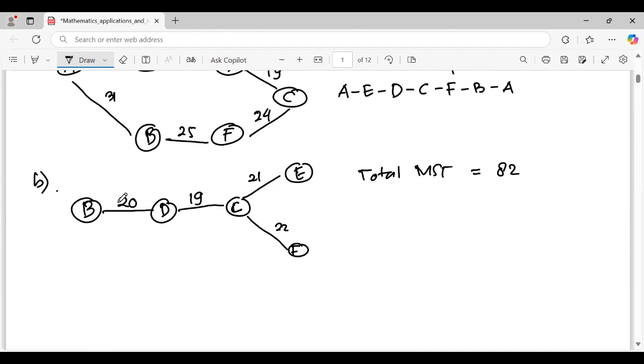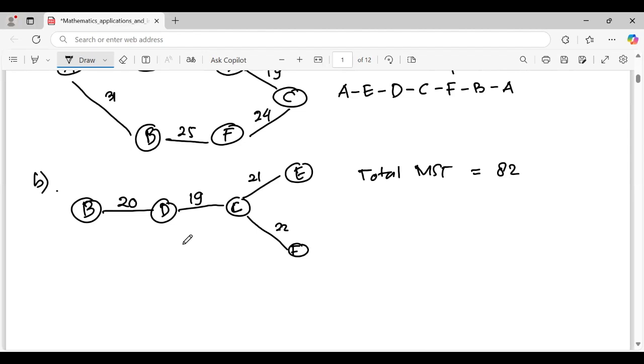But if B D C and after that E 22, F 24, the total MST is 85. So this is less than 85. So this is the total minimum spanning tree, less than 85.